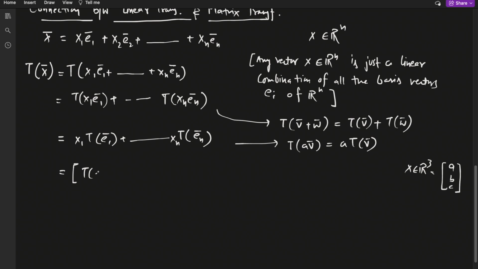I can first place all these transformed values, T(e1), then T(e2), and so on up to T(en), and then I can simply write the vector x. This is nothing but matrix vector multiplication. If you want to simplify it, I can write it for now like this: x1 up to xn.